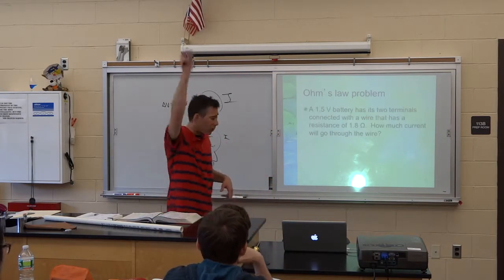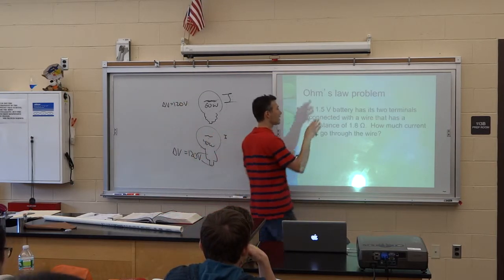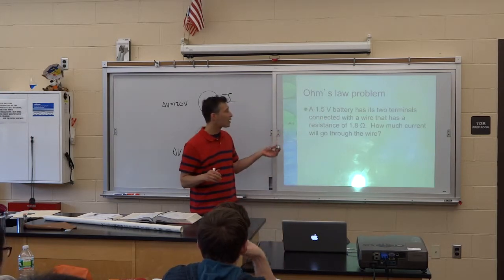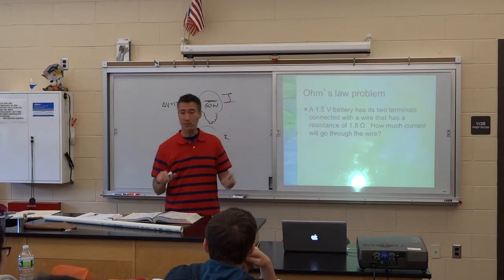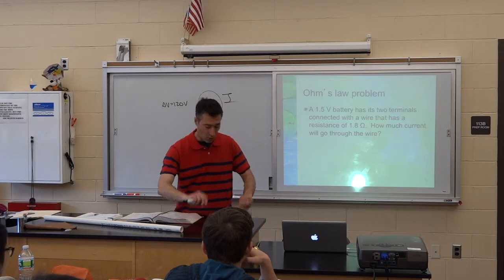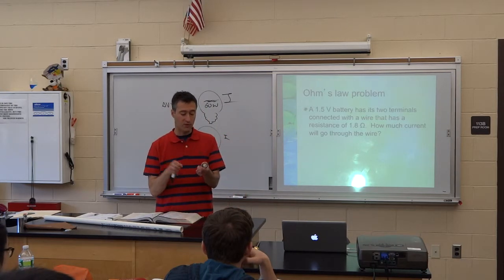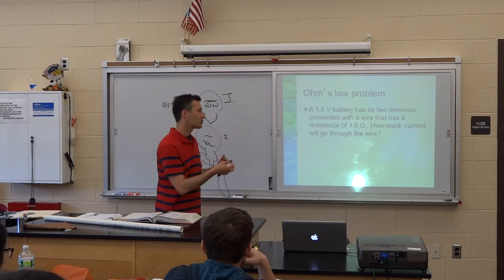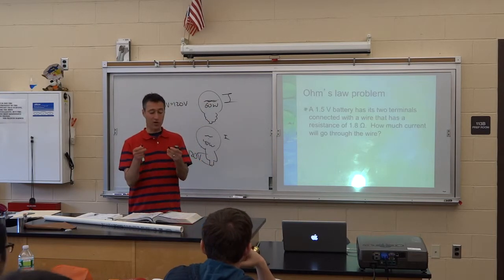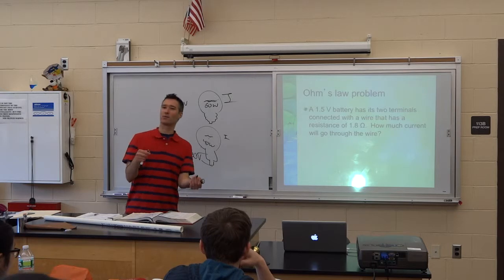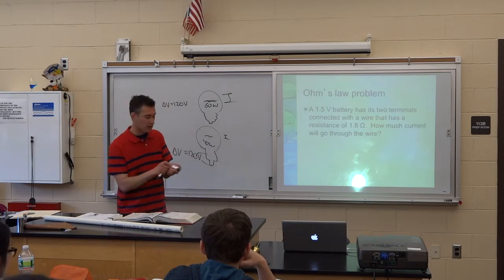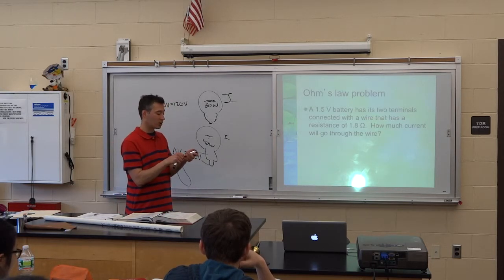So we have one of our 1.5 volt batteries, right? It's got 2 terminals that we connect with a wire, and that's it. And this is not something we want to do, right? We don't want to just connect the 2 terminals of the battery with a single wire, because the wire, well, what do you think? Good conductor or bad conductor? The whole point of the wire is to be a good conductor, right? So the wire is a very good conductor, and if we do just connect the 2 terminals, it actually could be dangerous.